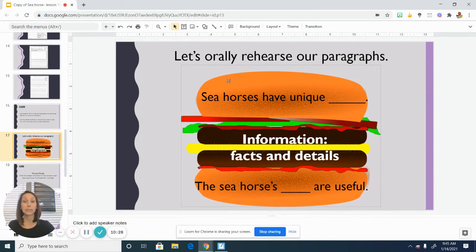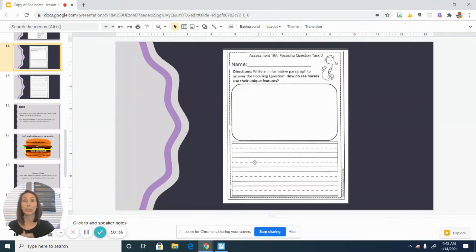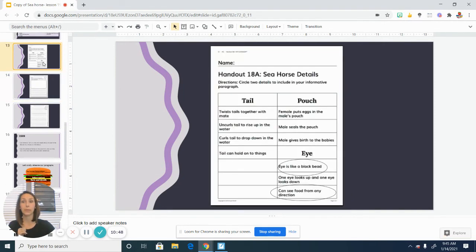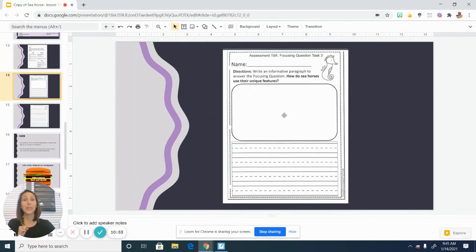Okay, so practice saying your paragraph, and when you feel ready, go ahead and start actually writing your informative paragraph with your 4 sentences that include topic statement, your 2 details that you chose from this page, and then your conclusion.